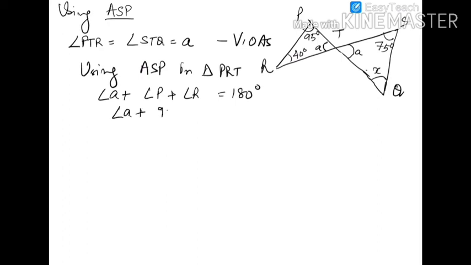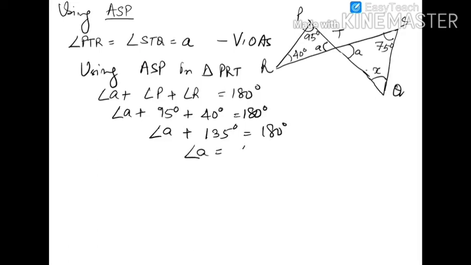Substituting the values, angle A plus 135 degrees is equal to 180 degrees. So angle A is equal to 45 degrees.